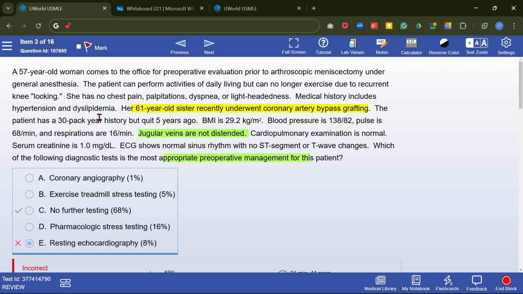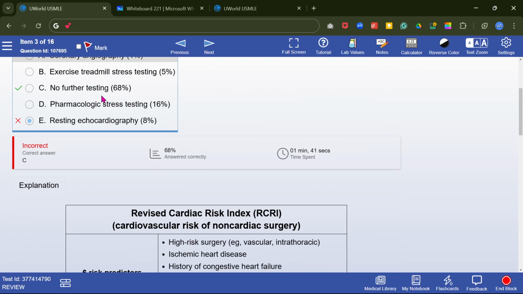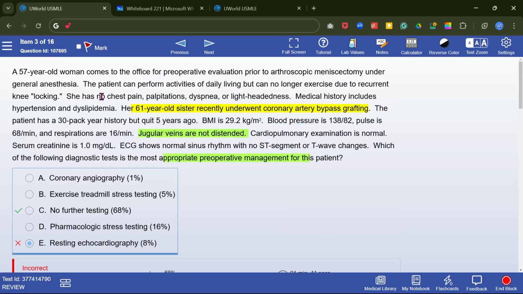So, a 57-year-old woman, where JVPs are not distended, ECG normal sinus rhythm. What is the appropriate management for this patient? So she does not have that type of cardiac risk factor, so we need not do any further testing.